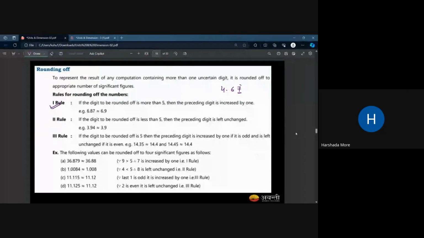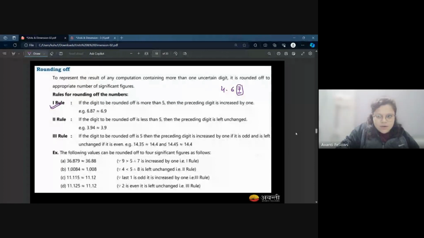So you have to check whatever the digit you have to round off. The preceding one is greater than 5 or smaller than 5. If it is greater than 5, you will increase it by 1. You will answer me 4.7.